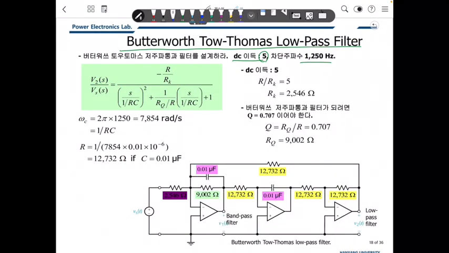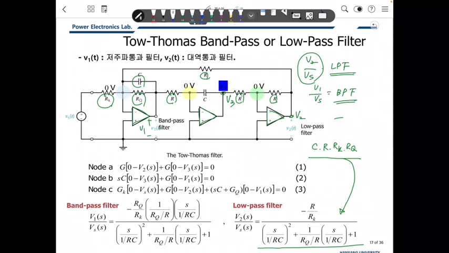Then the characteristic of this 2 Thomas low pass filter, the transfer function of this filter is like that.